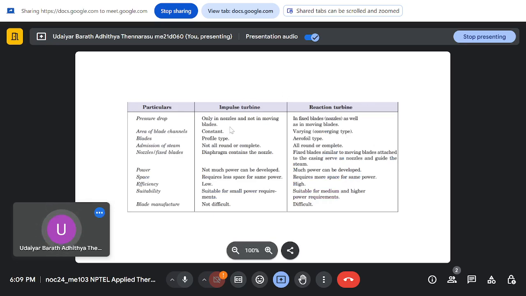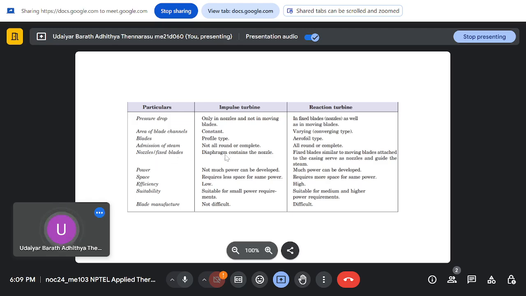Pressure drop, as I told, is only in the nozzle, not in the moving blade, but here in both the blades there is a pressure drop. Area of blade channel is constant, but it's varying, converging type, in case of a reaction turbine. Blades, as I told, are a profile type or the concave kind of surface. Here in reaction turbine it's an aerofoil type. Admission of steam is not all round or complete in impulse, here it's all round and complete.